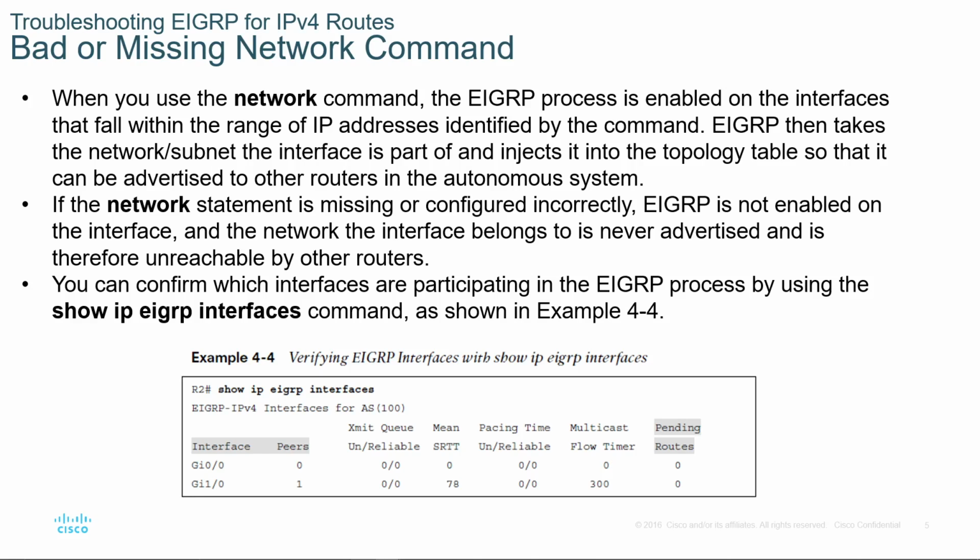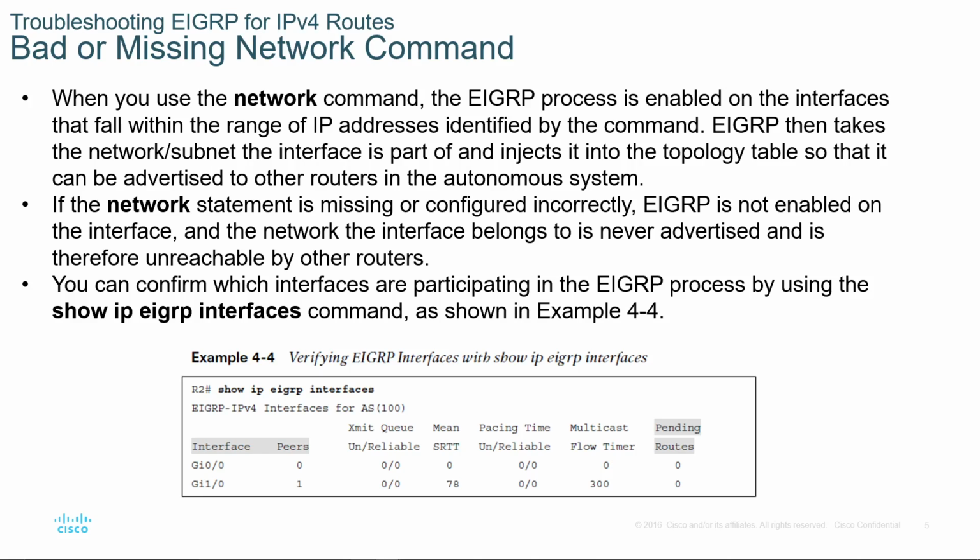So, how do we check our network commands? Well, first off, we can use the lovely show ip eigrp interfaces. If we're not getting peer relationships occurring, chances are that we have an incorrect network statement within the routing process.